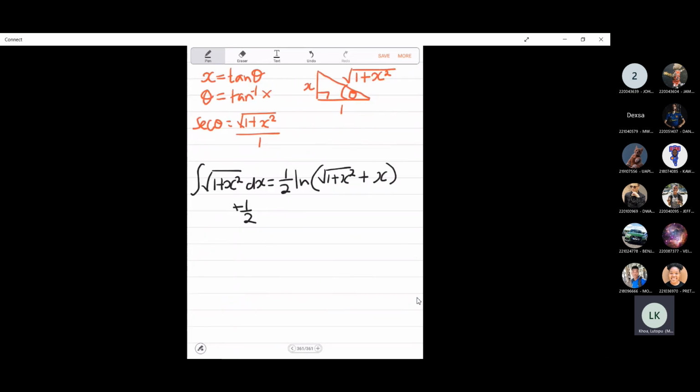So sec theta is the square root of 1 plus x squared, and tan theta is x. So I can put plus the x over there. So my integral, and then you add your constant of integration.